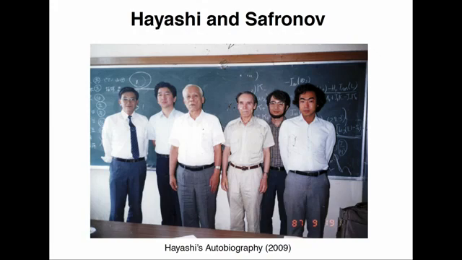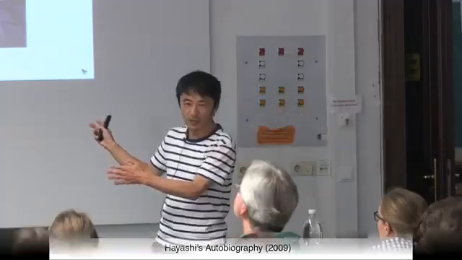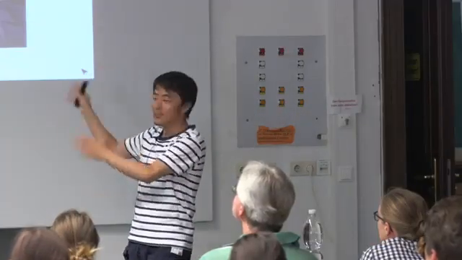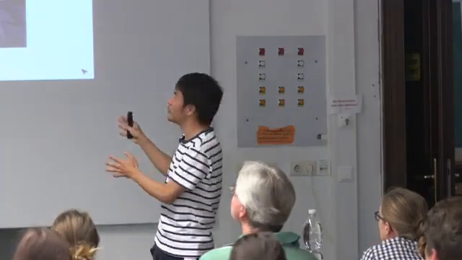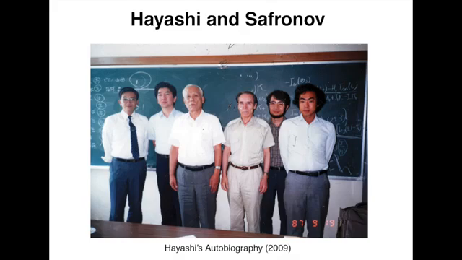And for planetary people, we know the Hayashi disk, right? So this is Hayashi, and this is Safronov from the Soviet Union. When I first saw this picture, I was surprised and also moved. These two giants stand next to each other. But you don't have to remember it, it's just a good picture.